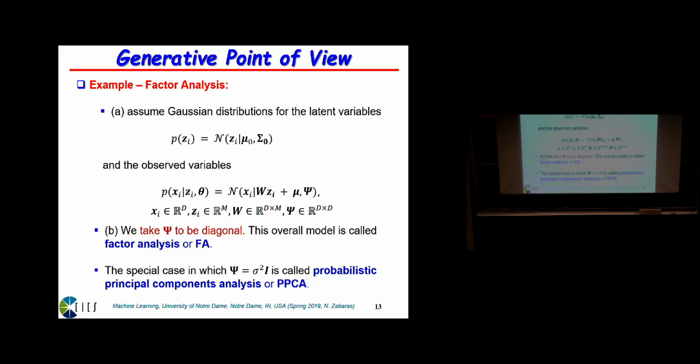Now we will not allow psi to be a full matrix, because if psi is a full matrix, you don't achieve any model reduction with this, right? The whole idea here is to get something that is way more efficient than a multivariate Gaussian. So if you make psi a full matrix, there is really nothing that you have gained, okay? So that will not be happening.